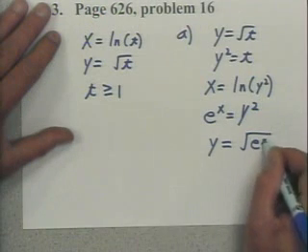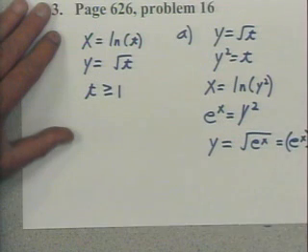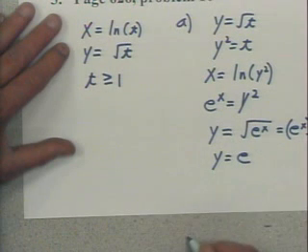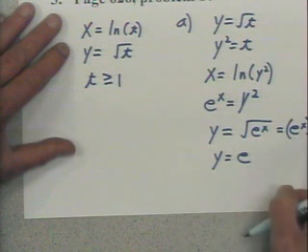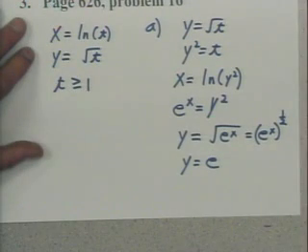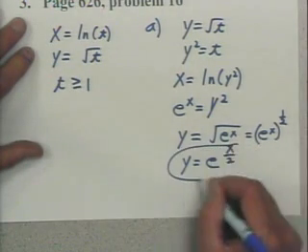Square root of e to the x, which is like e to the x raised to what power? Which is like saying e to the one-half x, multiply the exponents. I'd say that should do it, right?